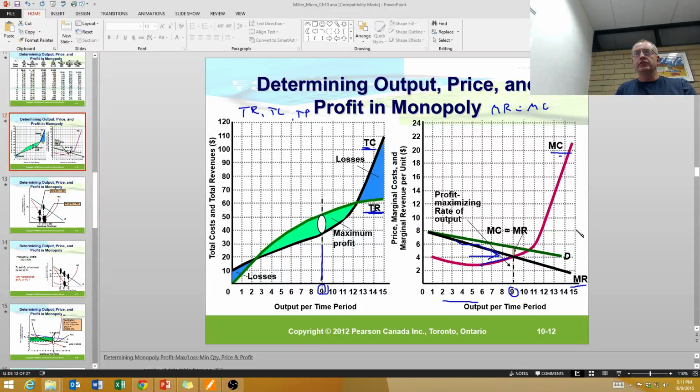If our costs are exceeding marginal revenue, we're losing money on these additional units, and so we can increase our profits by reducing our losses by shrinking our output. So again, we come to the same conclusion: the profit maximizing quantity with these two approaches gives us the same result, an output of 9.